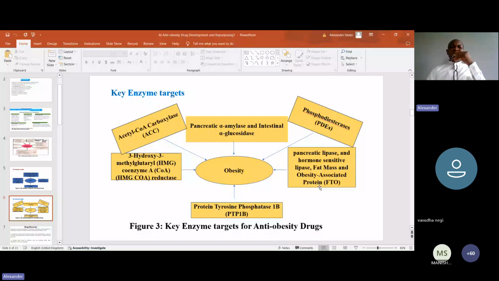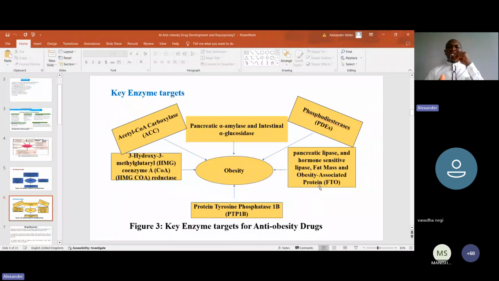Then we also have the HMG-CoA reductase. It is known to be the rate limiting enzyme in the biosynthesis of cholesterol. So targeting and inhibiting it can result in the stoppage of the production of mevalonate, which precedes cholesterol production.